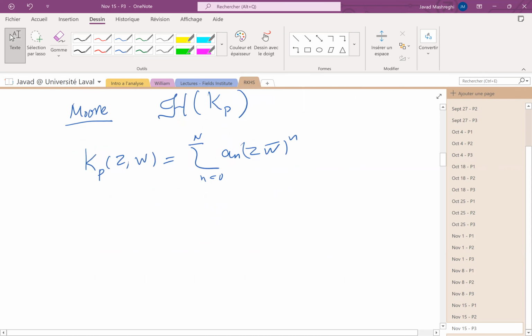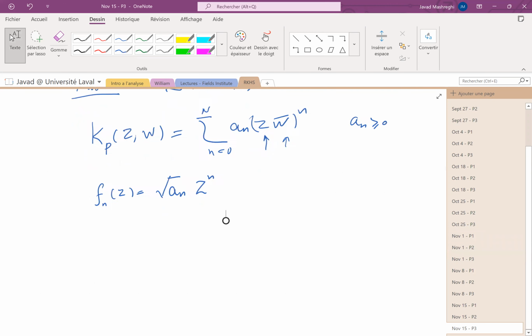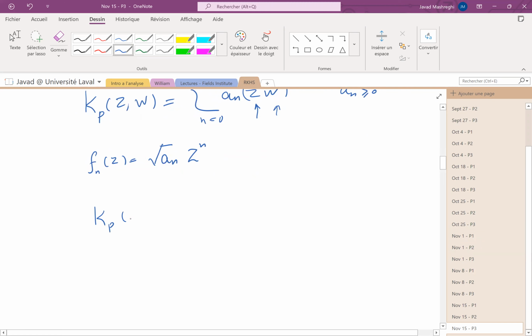And since a_n is positive, I can write a_n equal to root a_n squared and consider root a_n with Z and with W. So I define F_n of Z to be root of a_n Z^n, and K_P(Z, W) becomes sum from 0 up to N, F_n of Z, F_n of W bar. That's a very precious representation.